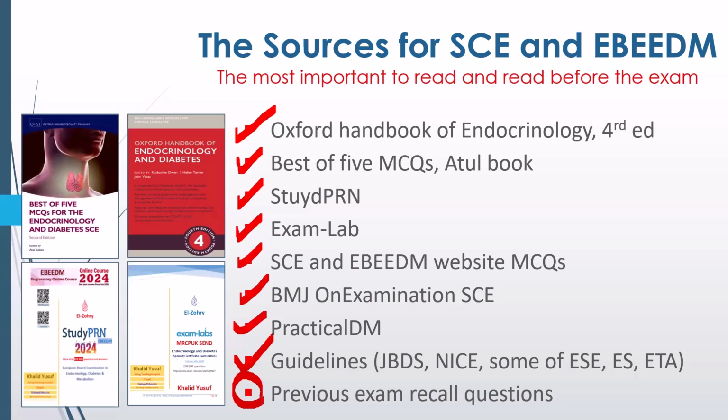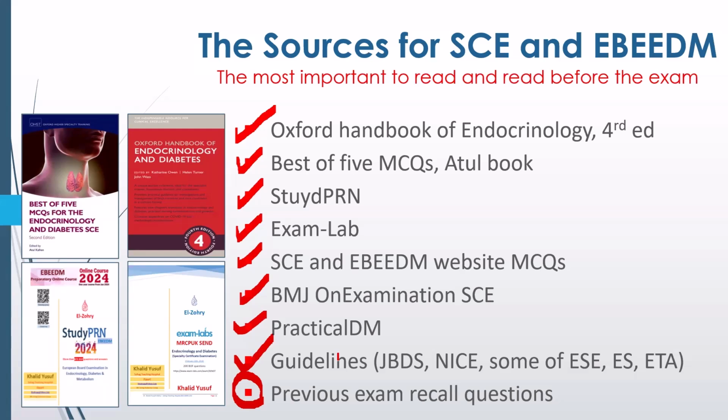So from today, you need to study the Oxford Handbook and solve some questions from the tool book, Study BRN, Exam Lab, official website, and on examination. And if you see a topic that has a specific guideline from NICE or another society, you are required to review this guideline.